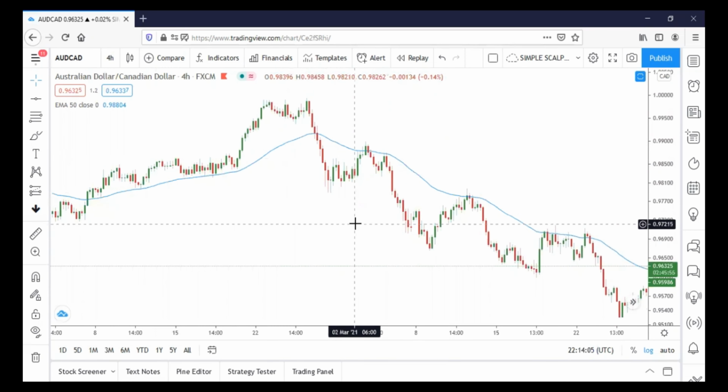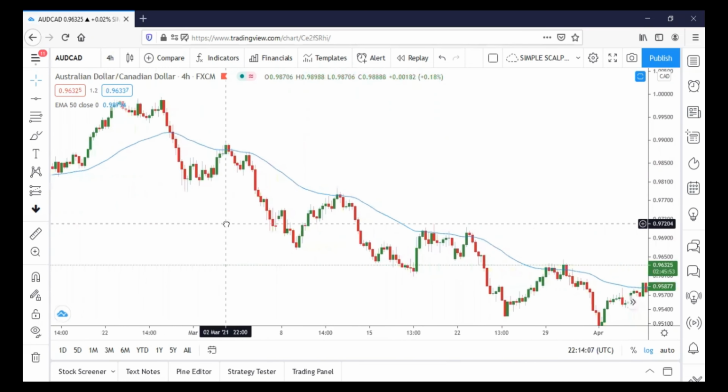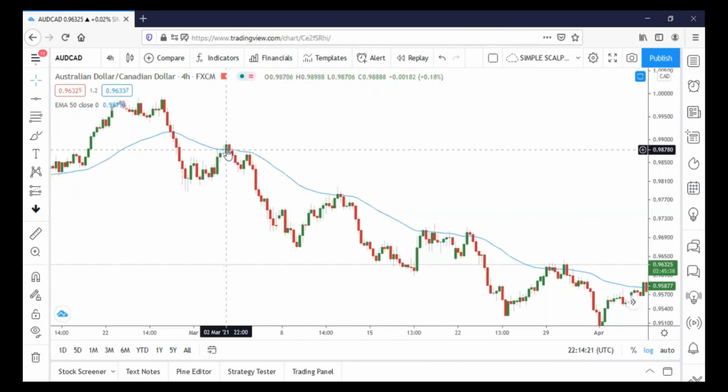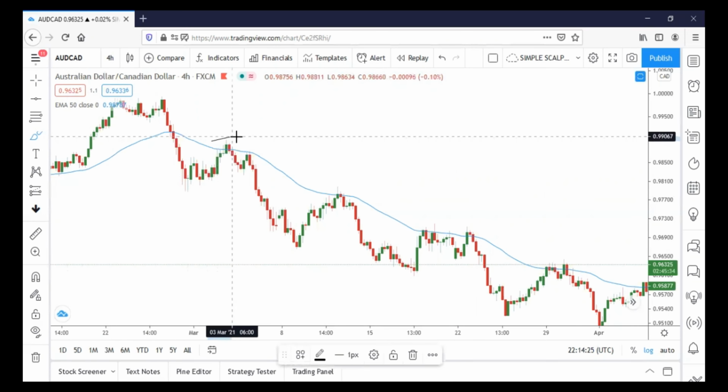So how do we ride the trend with this single moving average? The first thing we want to see is that once price comes below the 50 EMA, price retests back into the 50 EMA for the first time.